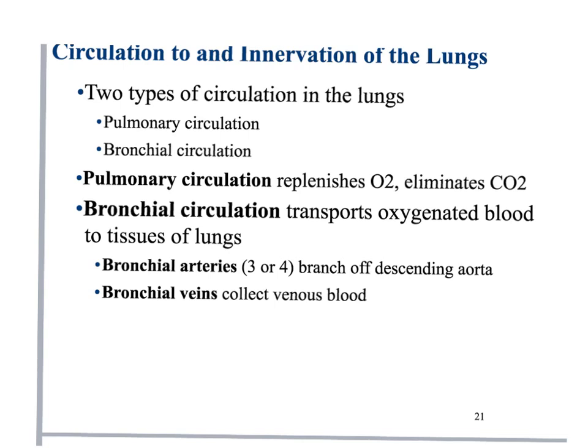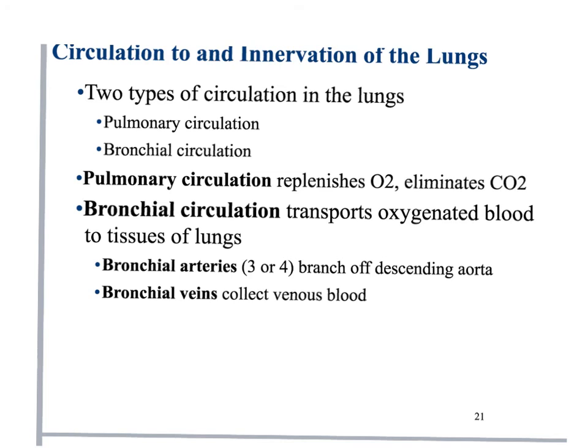Right atrium. Then we go to the, okay, then pulmonary trunk. Keep going. Pulmonary arteries, arterioles, right? Then we get to capillaries. The pulmonary capillaries are the ones that are on the outside of the alveoli. Okay? Then we go capillaries, venules, veins, pulmonary veins, back to the left atrium.